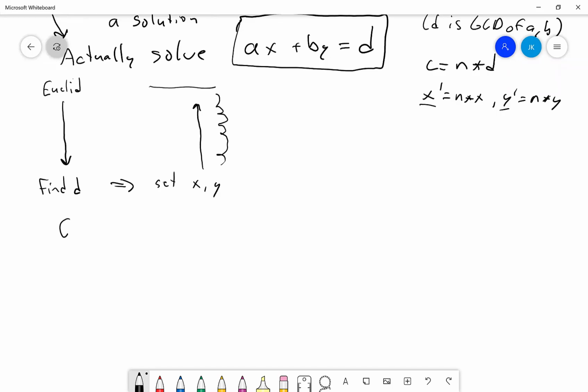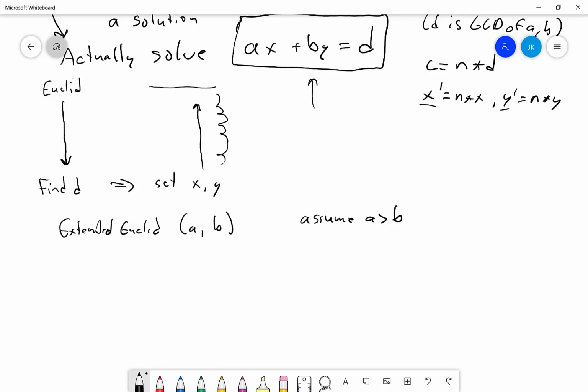So if we have extended Euclid of A and B, we are going to assume, just like before, that A is greater than B here. And I'll just note that if we have a problem where B is greater than A, well, we can swap X and Y, right?